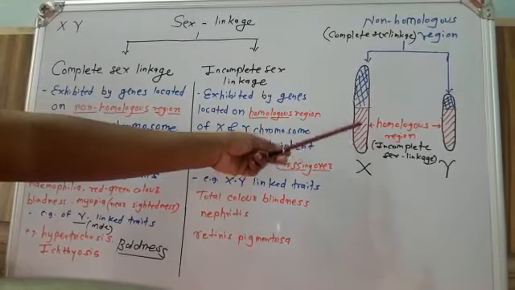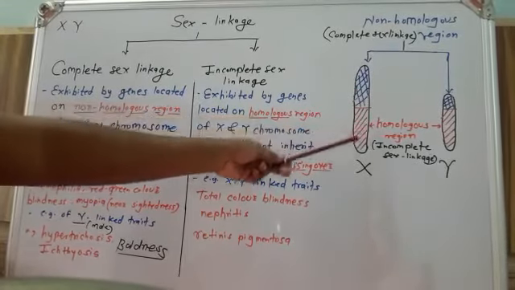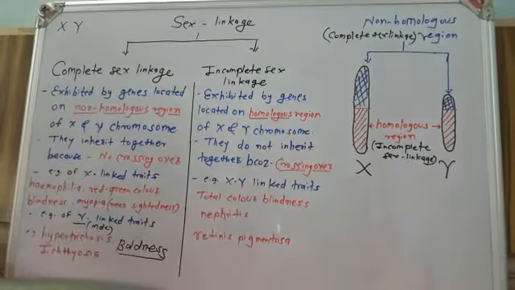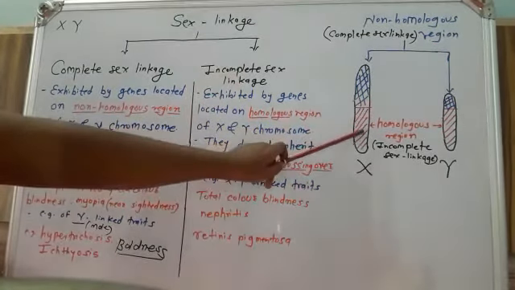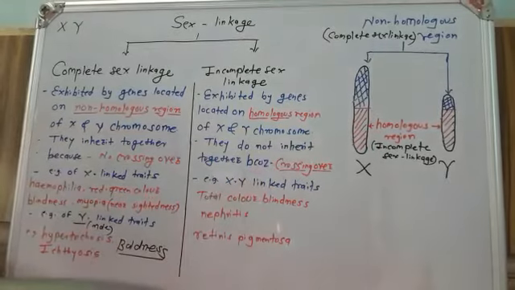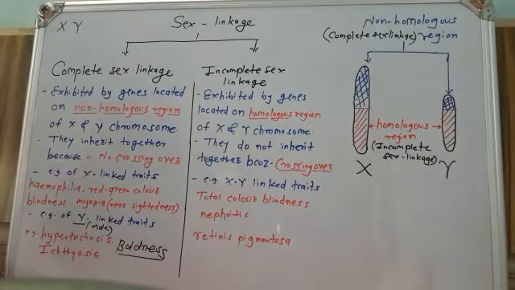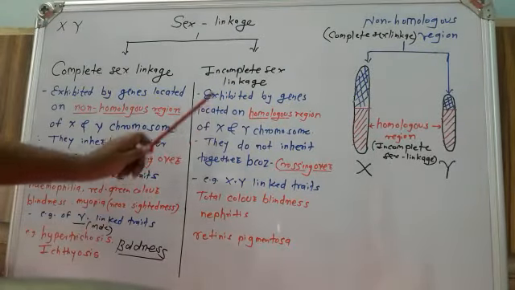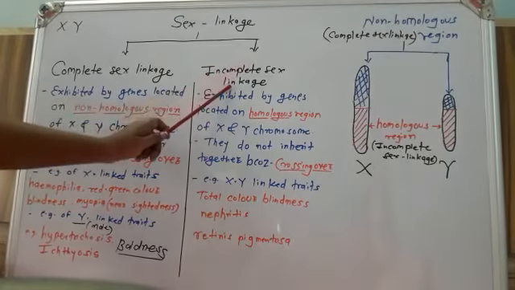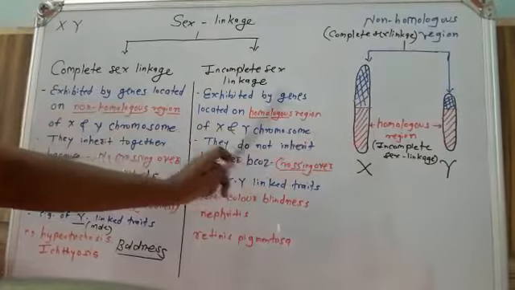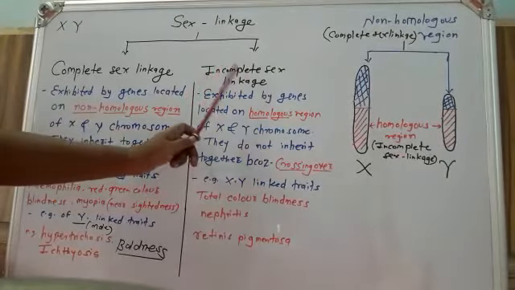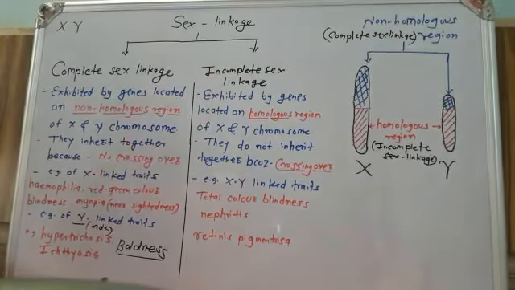Crossing over always takes place in the homologous region of the sex chromosomes. So incomplete linkage is always observed on a homologous region of the sex chromosomes.